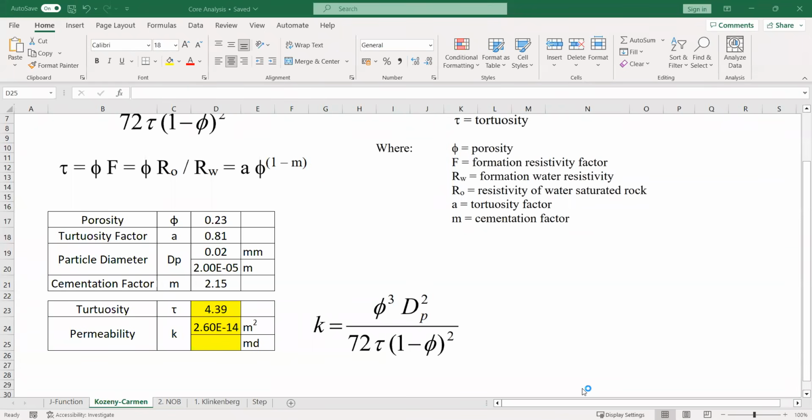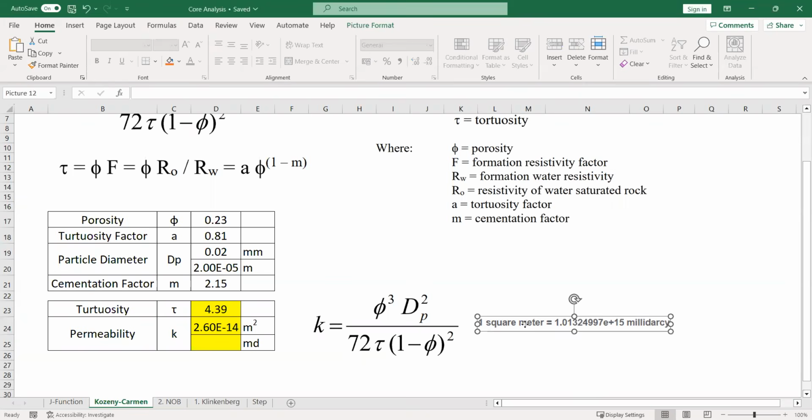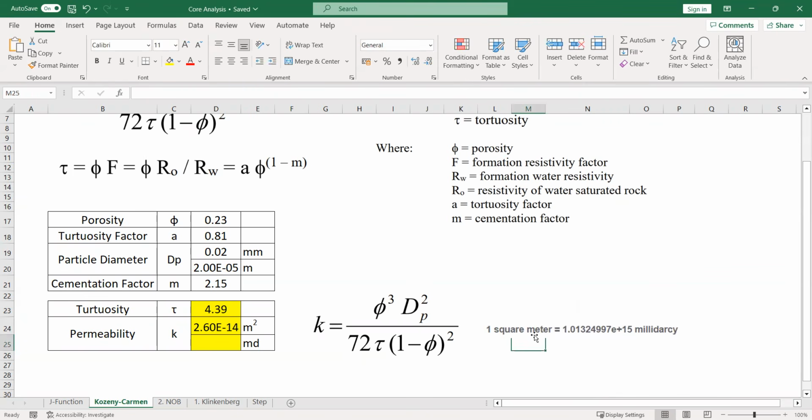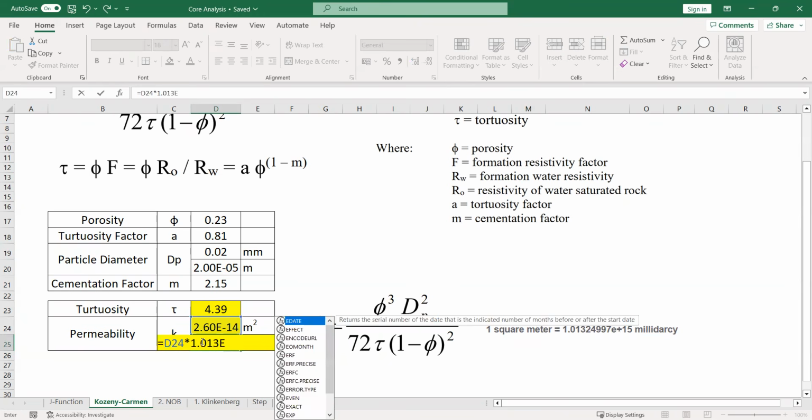Okay, so now you just need to change from meter squared to millidarcies. And the conversion unit is this. All right, so 1 square meter is this many millidarcies. So it's very simple. I just multiply this with 1.013 to the power of 15.